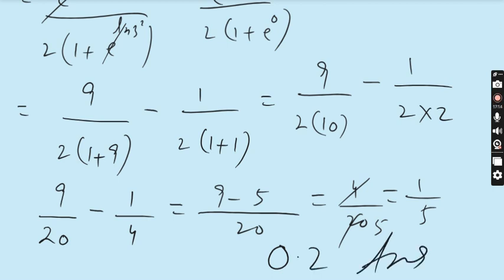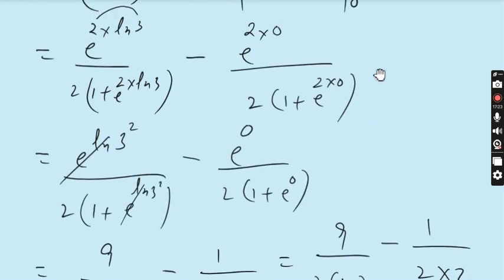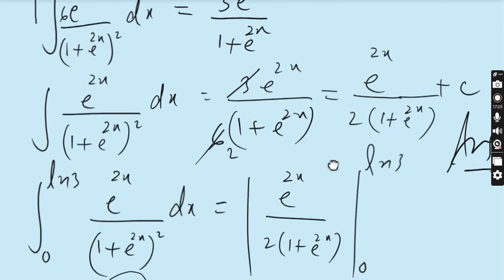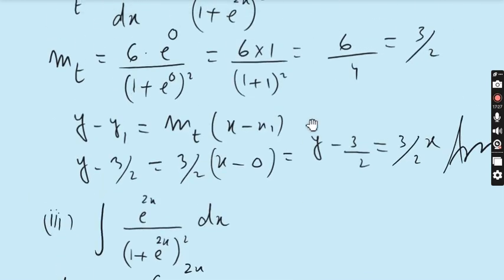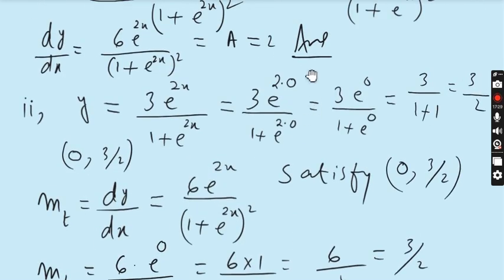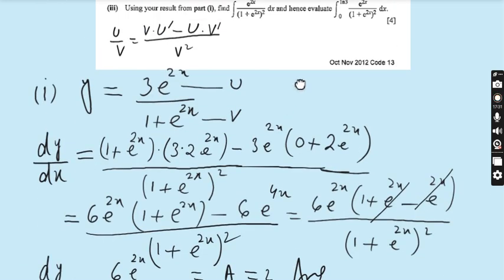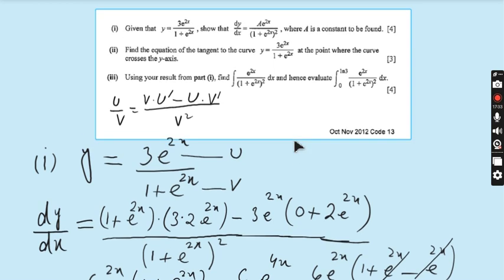So hope you enjoyed this whole question, which came in October, November 2012, paper 1-3. So kindly do practice more and more. In the next lecture we will do some more questions of integration, and then we will choose the next topic.